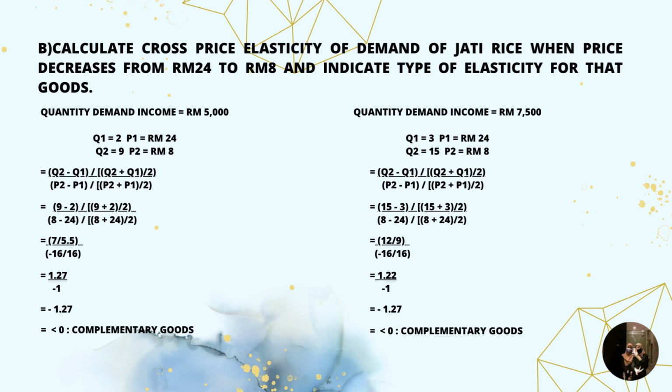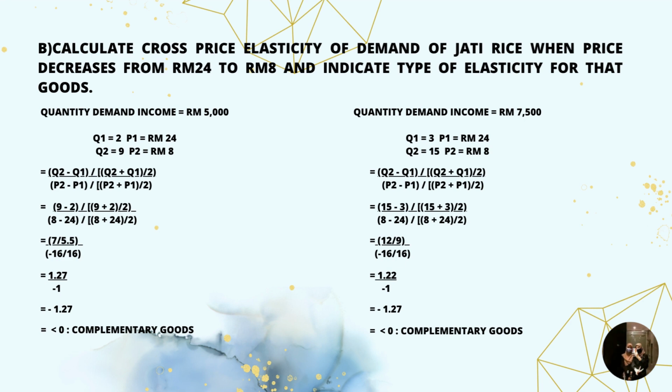We use the midpoint method formula, which is Q2 minus Q1 divided by Q2 plus Q1 divided by 2, and then we divide it by the price change, which is P2 minus P1 divided by P2 plus P1 divided by 2. Before we calculate, we must know the values of Q1, Q2, P1 and P2.